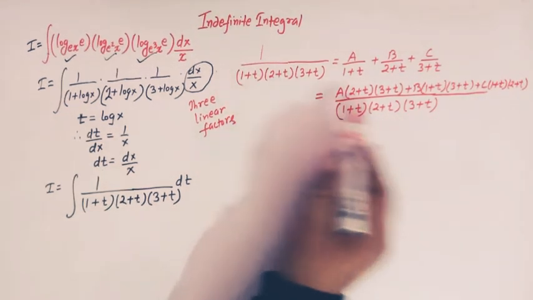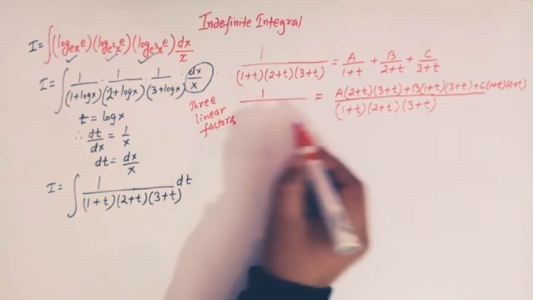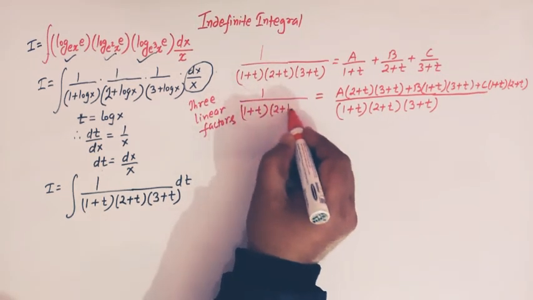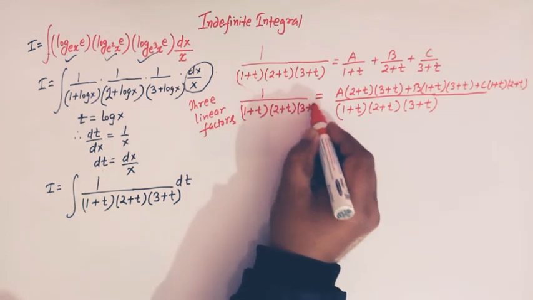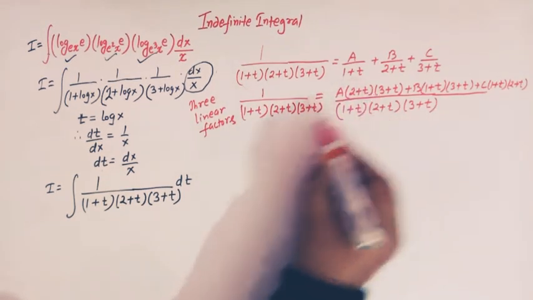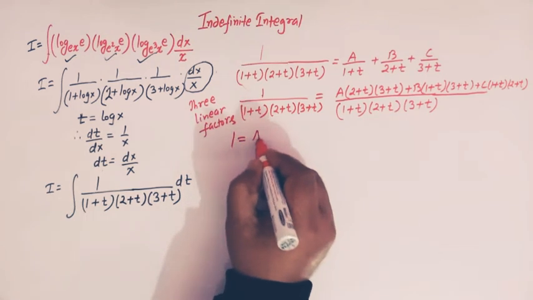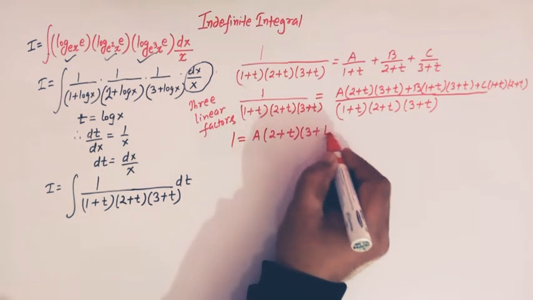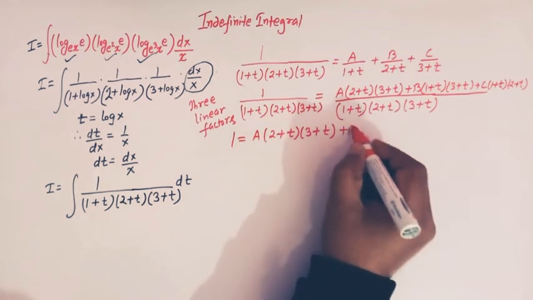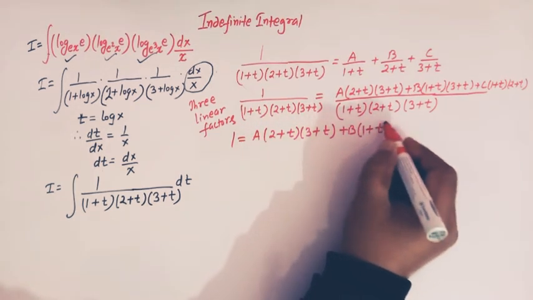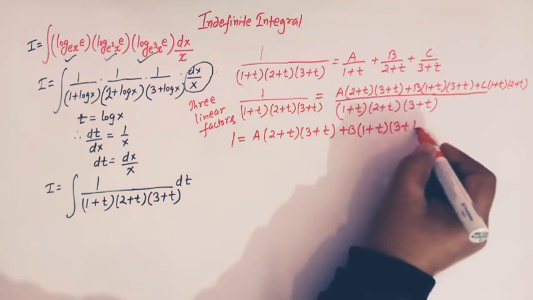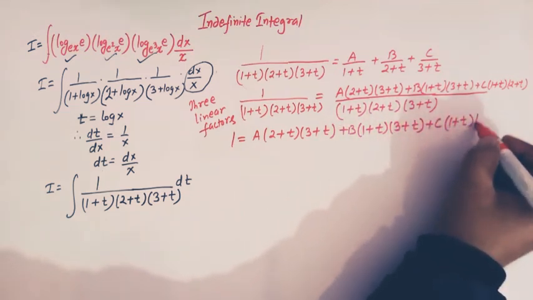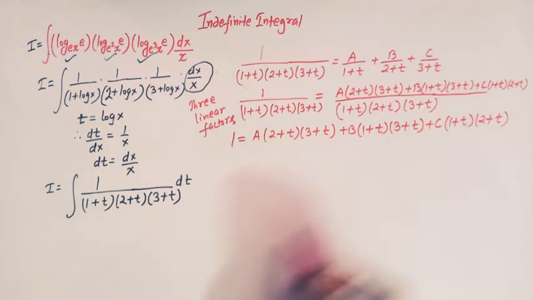Okay, so now if we compare these two sides, then we can write 1 is equal to a times 2 plus t, then 3 plus t, then we have b times 1 plus t, 3 plus t, and c times 1 plus t and 2 plus t, right?